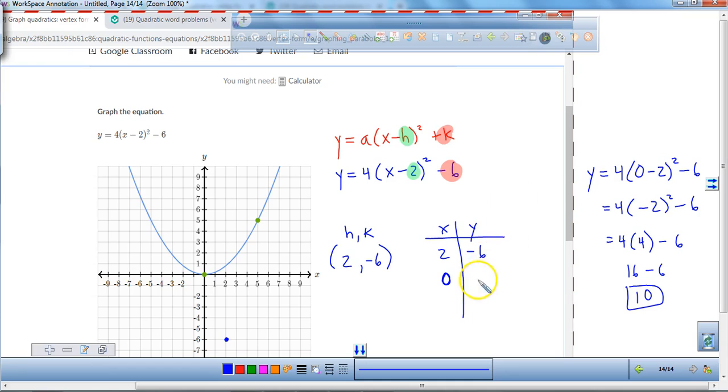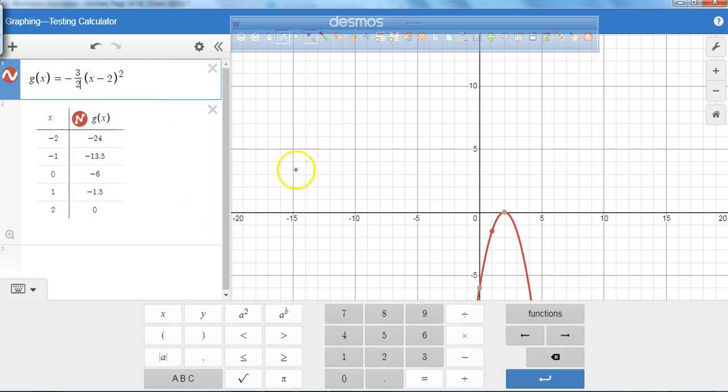So the other ordered pair I could put is 0 and 10, which would be right there if they let me. Okay. Now if they don't let me, I could plug in a 1, which is right next to the number 2. I could plug in a 1 or a 3. So in Desmos, we'll go and type it in.